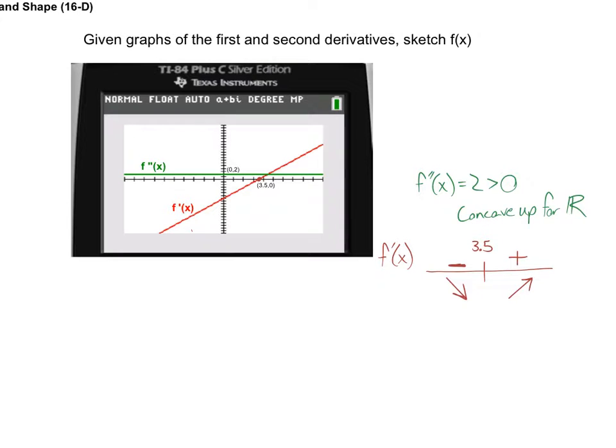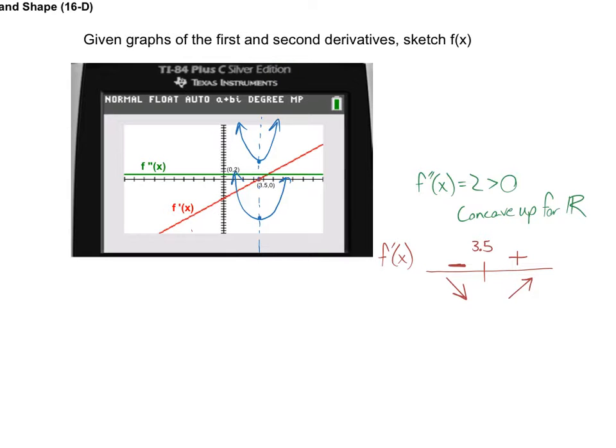So my original function might be this, or my original function might be this. As long as it has the x-coordinate of 3.5 for the vertex, it works. Here's why that works, guys.